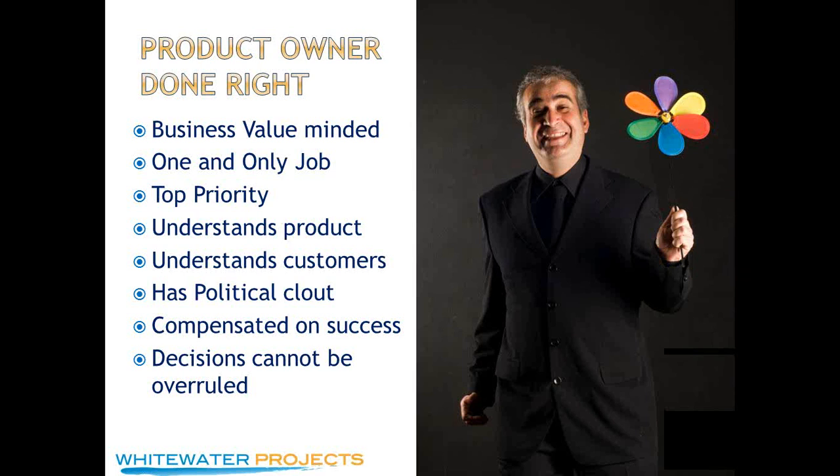And if the product owner is really a true product owner, it's their one and only job, they're on the top, and they understand the product both from a technical and a customer perspective, and they are truly product line responsible, then they own that product from the beginning to the end, from customer interface back to the final database and hardware in the back end.